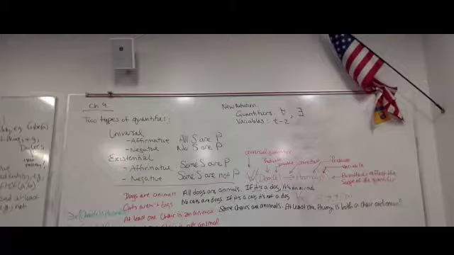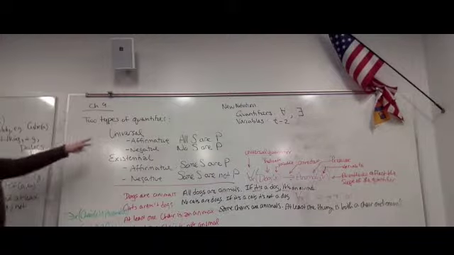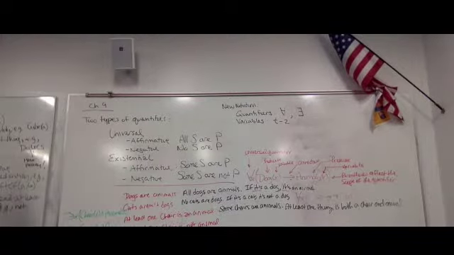We're going to talk more about that. So, universals. And then for existential, there is one, at least one, there exists one thing, at least one thing such that, some, okay?